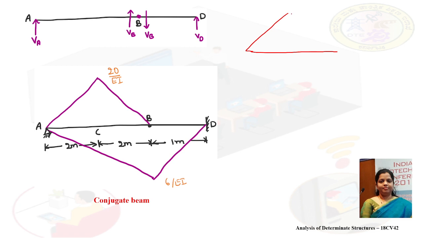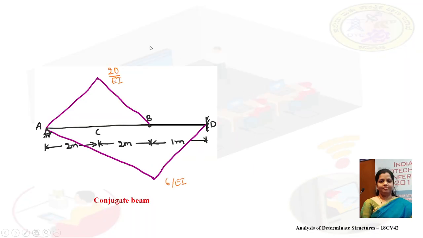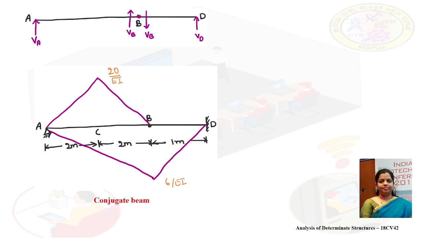So drawing this bending moment diagram, I am taking only portion AB for computing slope at A and deflection at C. Now considering the portion AB, let us compute the slope at A and deflection at point C. Let me draw the bending moment diagram for only portion AB.